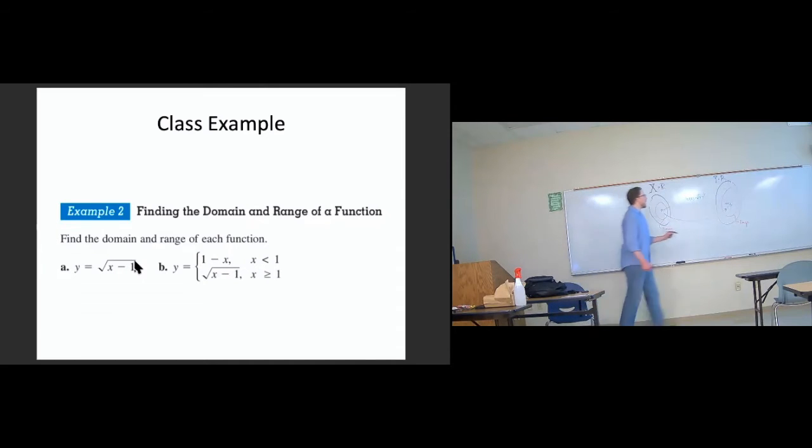So that means x minus 1 has to be larger than or equal to 0, right? Everybody agree with me on this? So that means then, adding 1 to both sides, x has to be greater than or equal to 1. Just solving inequalities here.